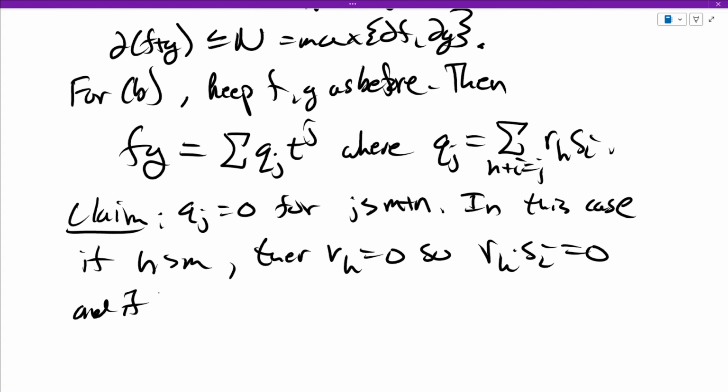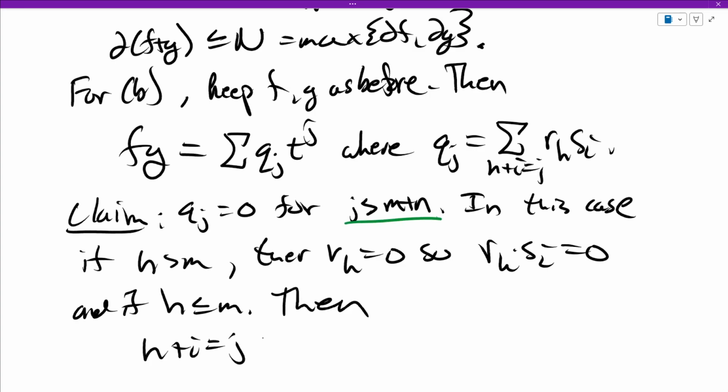And if h is less than or equal to m, then, on the one hand, h plus i is j. On the other hand, we know that j is bigger than m plus n. And we know that h is less than or equal to m, so I can replace the m there with an h.